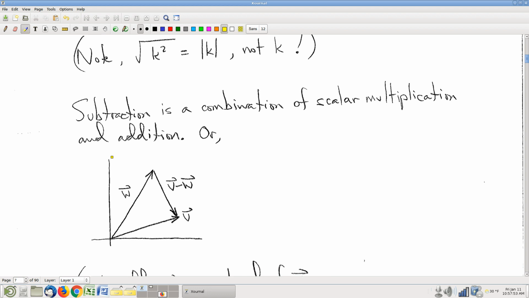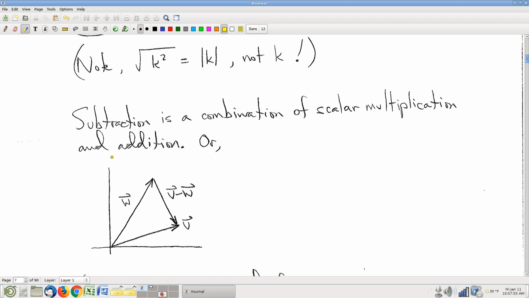But here's a convenient way to think about it, and I'm a big fan of this. If you take these two vectors, w and v minus w, what do you suppose happens when you add w and v minus w? Whew, you better get v, right? Or else our algebra that we're creating here would be a nightmare.